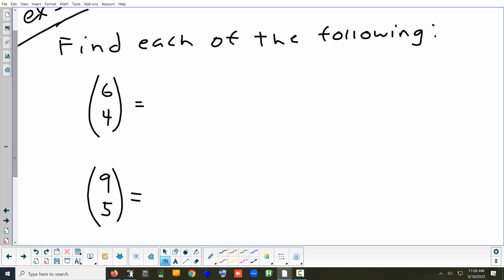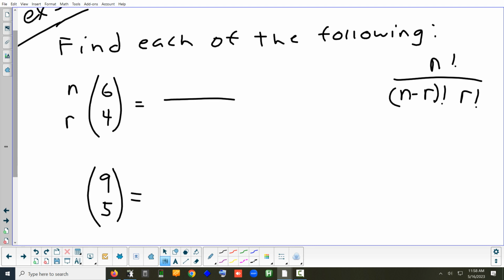This one. All right. Let's try 6 choose 4. This is n. This is r. And remember your formula. Right, so what would go in the top? 6 factorial, and we'll do all the canceling when we rewrite it.